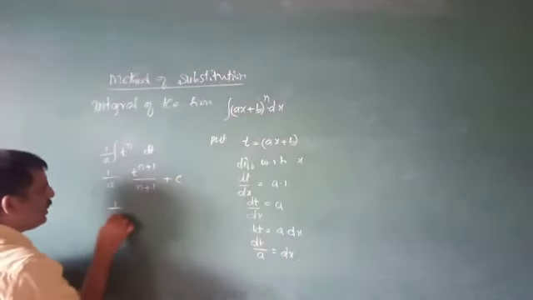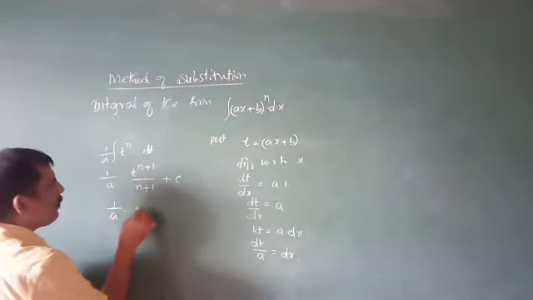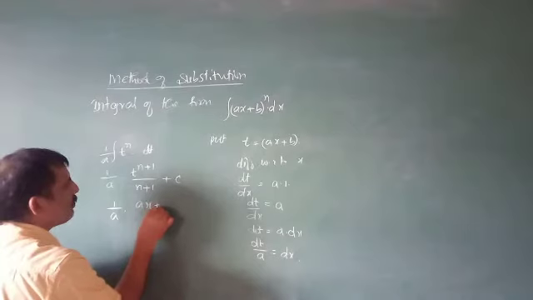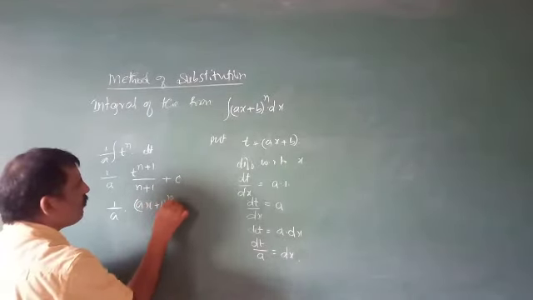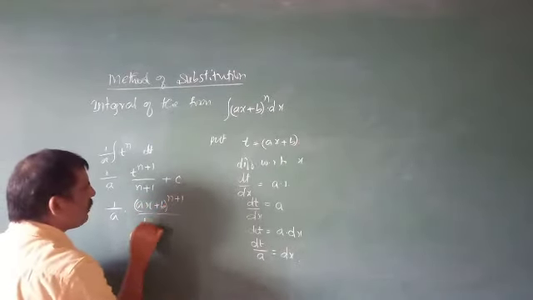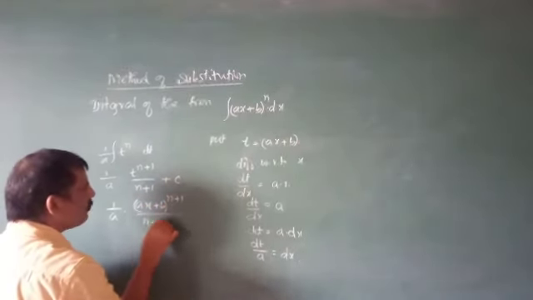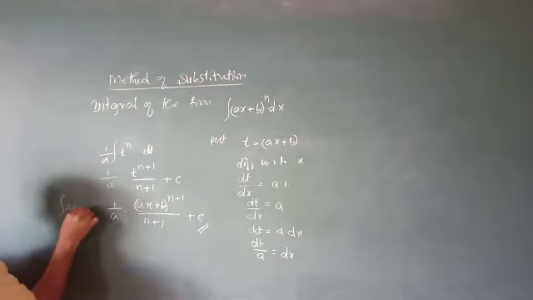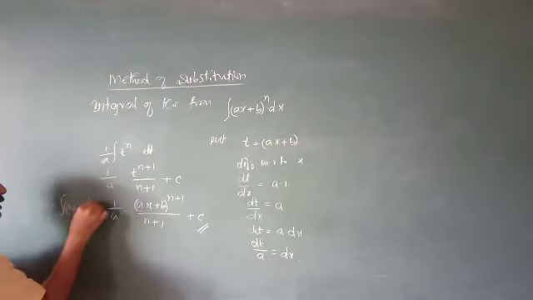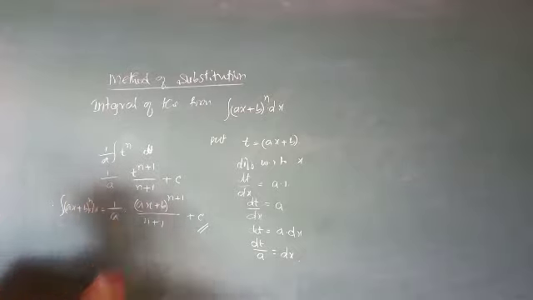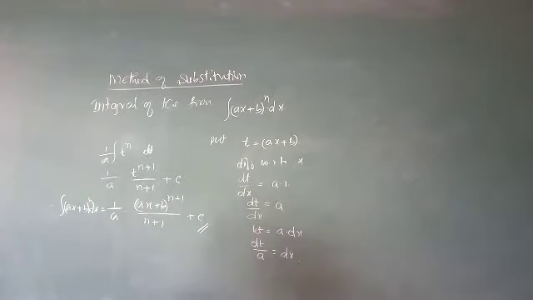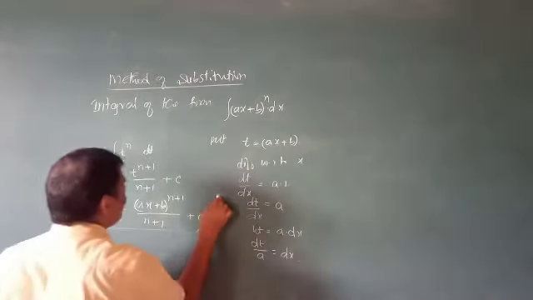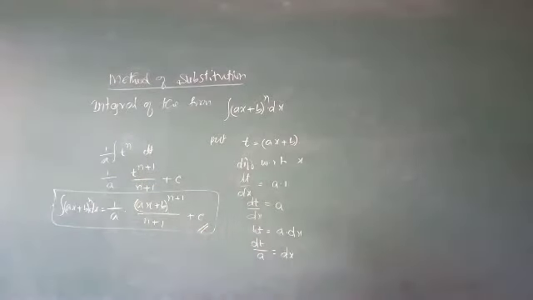So it is 1 by a into ax plus b to the power of n plus 1 divided by n plus 1 plus c. Therefore, the integral of ax plus b to the power of n with respect to x is 1 by a into ax plus b to the power of n plus 1 divided by n plus 1.